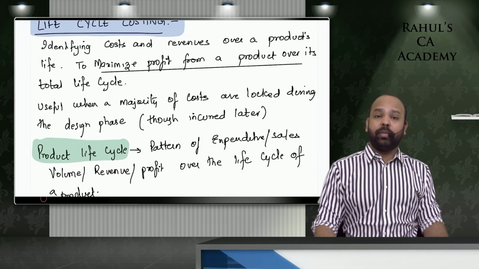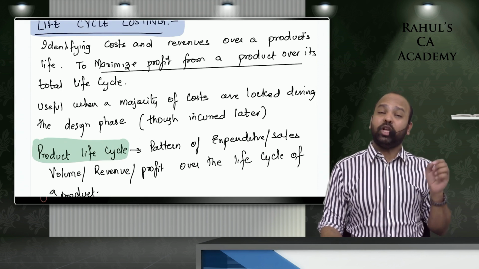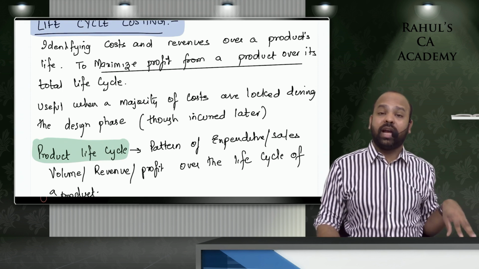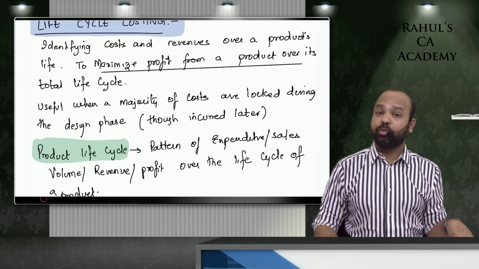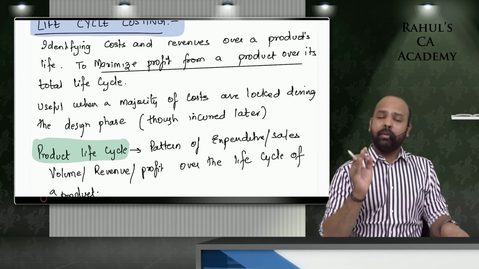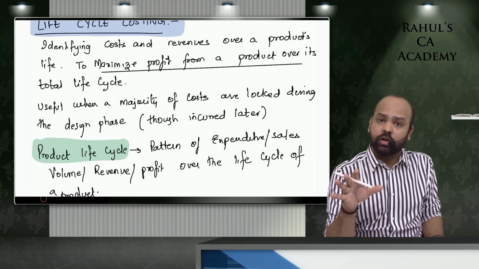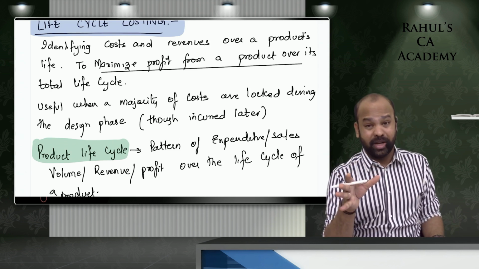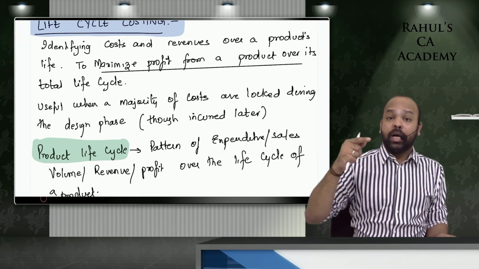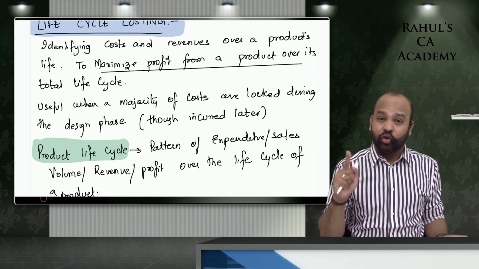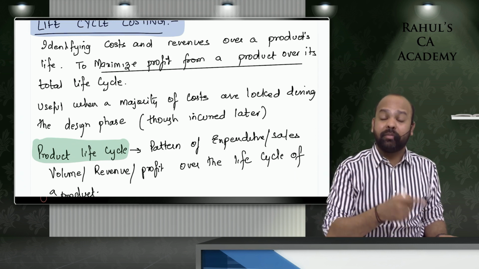This is useful again when a majority of your costs are locked in during the design phase. The design of the product is determining what are the costs that you will incur. Remember, research and development cost might be around 10 to 20% of the total cost. Production cost might be a major chunk, 50 to 60%. But what is the likely production cost that you're going to incur on a later date is going to be determined by your design phase.